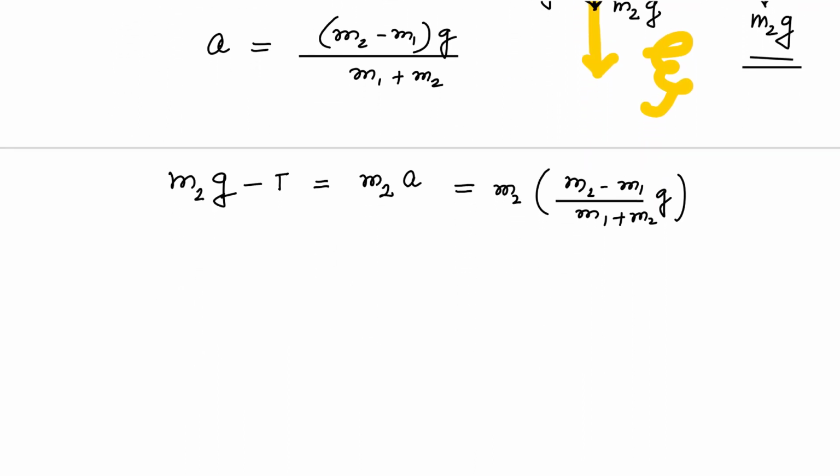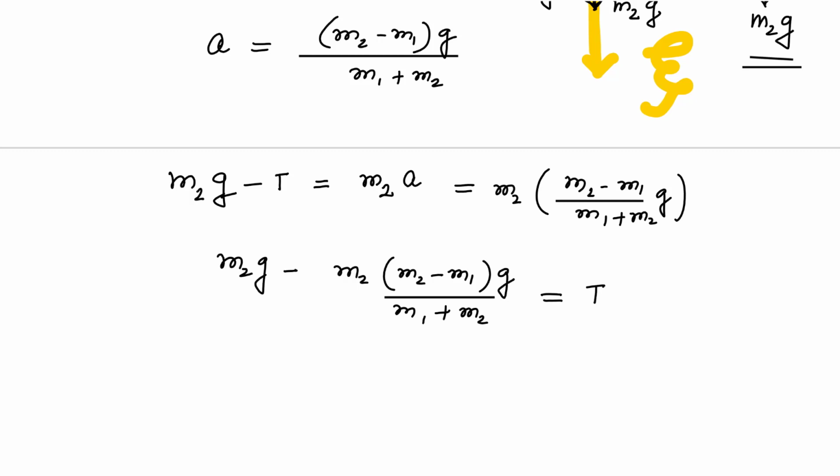So now we can solve for tension. So m2g minus (m2 minus m1) divided by (m1 plus m2) times g, because this g is multiplied, and this will be equal to tension. So what I have done is I have taken tension this side and this term this side.